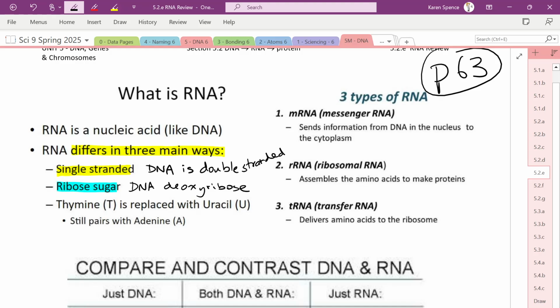But if I wanted to say things that are the same, I wouldn't say Ms. Spence and Ms. Wu both have the same name, because that's not specific enough. I should say Ms. Wu and Ms. Spence are both named Karen.